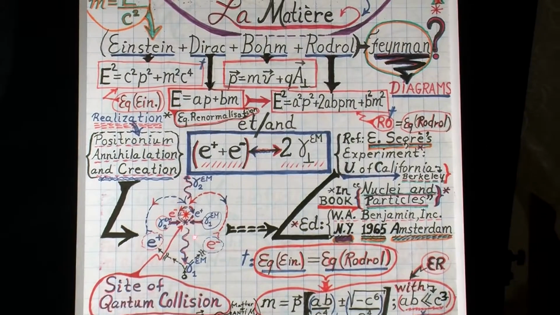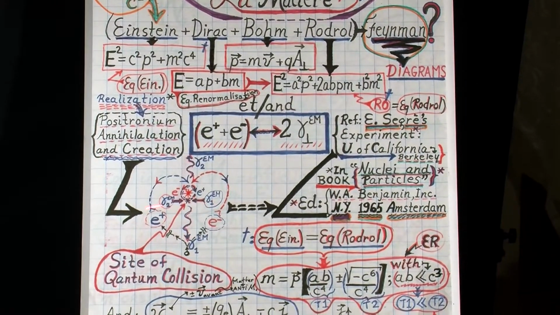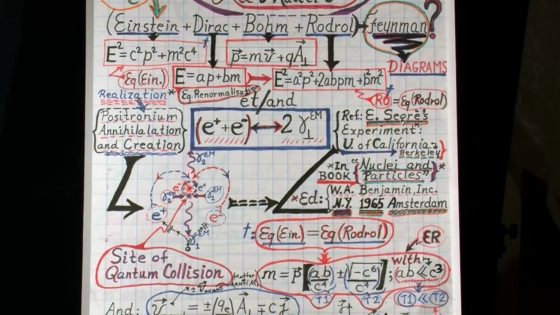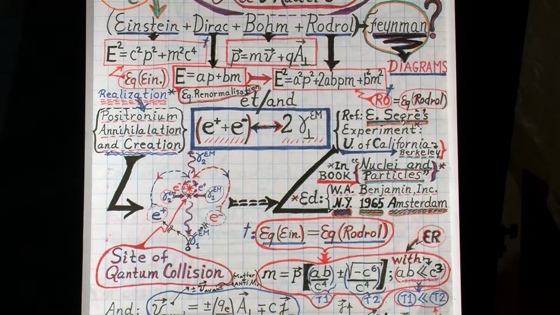So when they hit together, they will annihilate and produce two perpendicularly emitted photons. But if you have two perpendicular photons that would hit together, it would cause a reversible phenomenon.